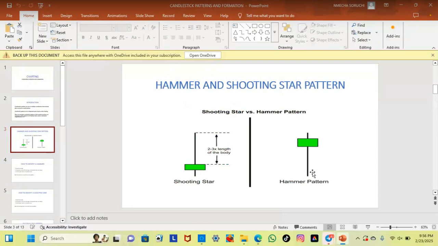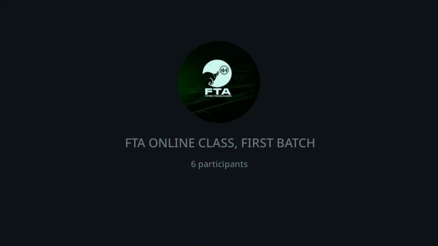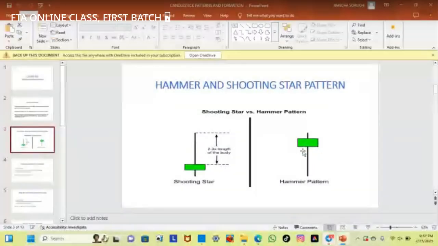The wick should be 2 to 4 times the size of the body. From what you can see in this real body here, 3 or 4 of this body can enter into this wick. So that's what we mean by 3 to 4 times larger compared to the real body.